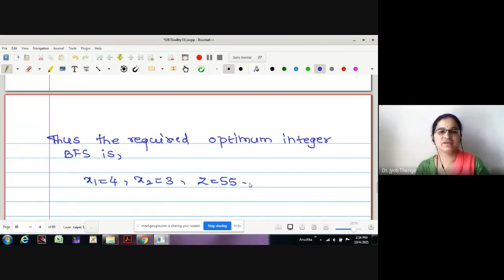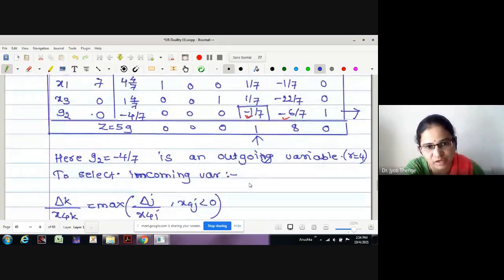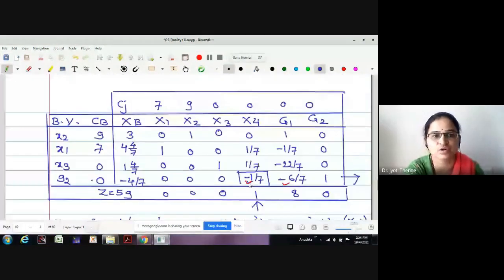Check whether you have any difficulty with the construction of a Gomorian constraint. If you have any difficulty, please unmute yourself and ask. This is what, by formula, the construction of Gomorian constraint I told you.